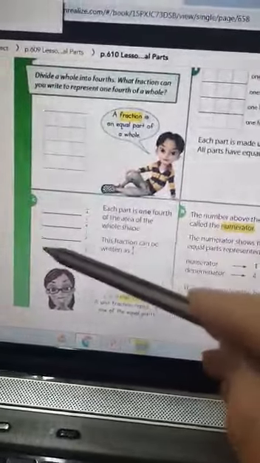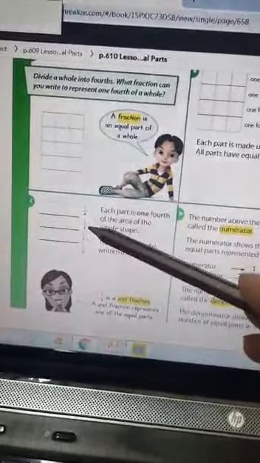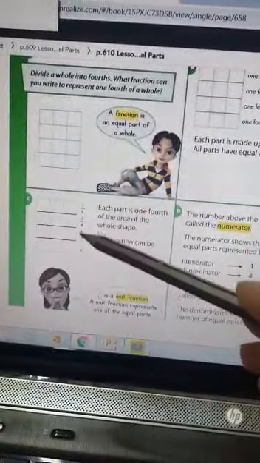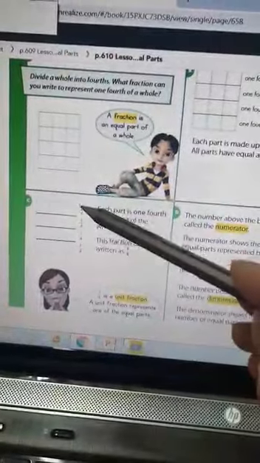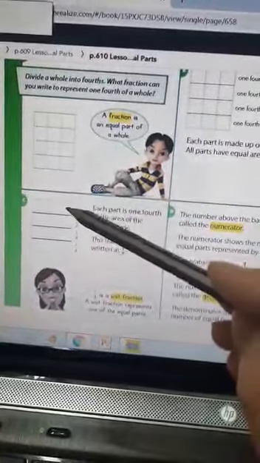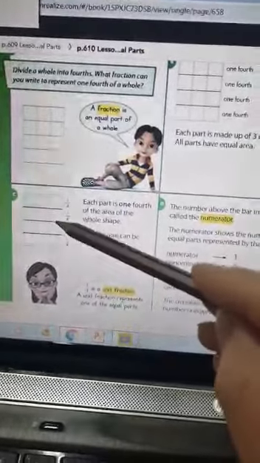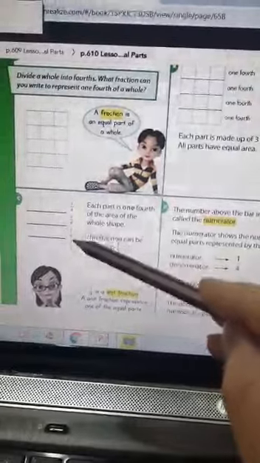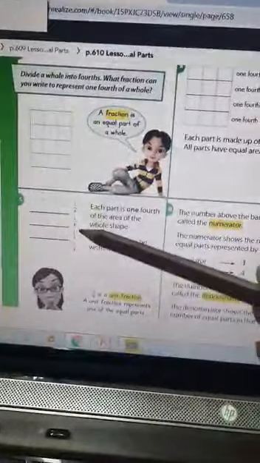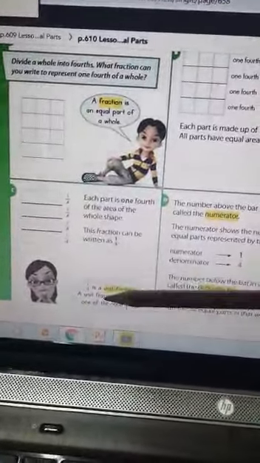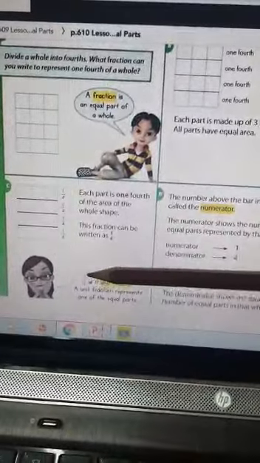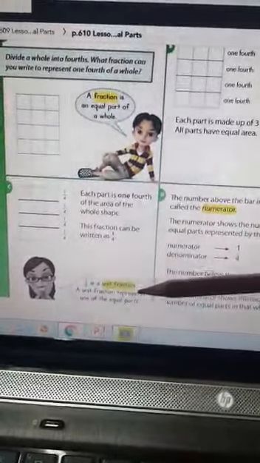From how many whole? It's 4. That's why I repeated 4 again, because this one comes from this 4. This is 1 of 4. This is also 1 of 4. And again, this 1 of 4, and this also 1 of 4. Did you understand? So this is the meaning of unit fraction. We have 1 of 4 as a unit fraction.